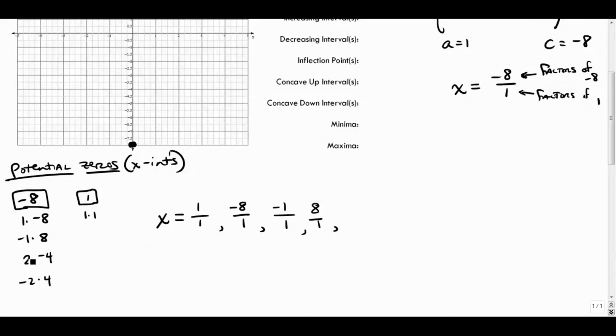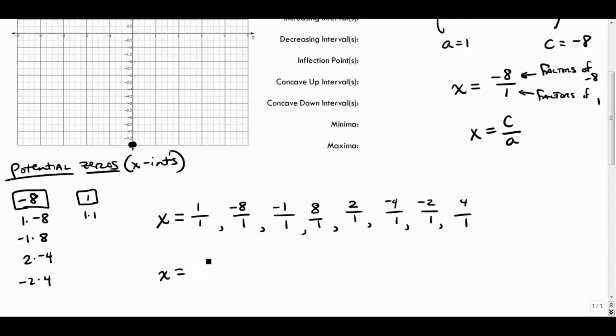I'm pulling a number from here, dividing it by this. So I have 2 over 1, negative 4 over 1, negative 2 over 1, and finally 4 over 1. So again, it's x equals C over A. All the factors of 8 divided by all the factors of A.